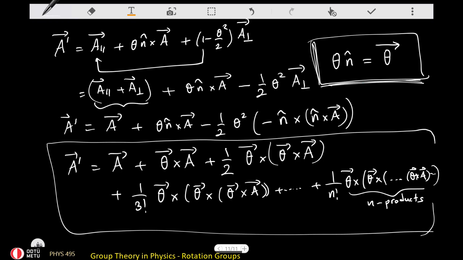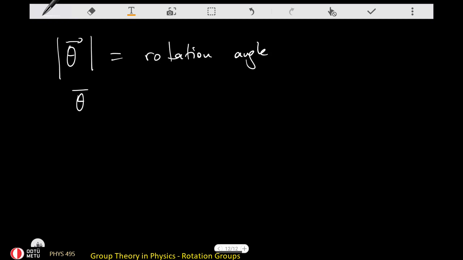So I'm going to use this notation. We have a vector theta whose magnitude is the rotation angle, right? And then this vector divided by its magnitude, that's the rotation axis. So if you do this, in that case, you will always get positive rotation angles. But in any case, this is one nice situation. So for example, this is just an example.